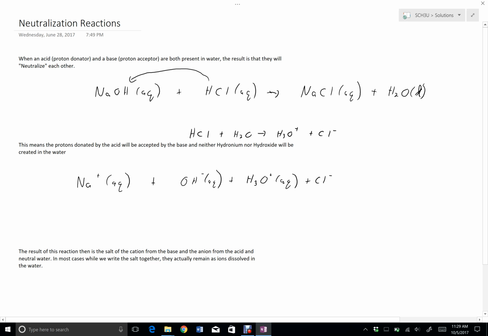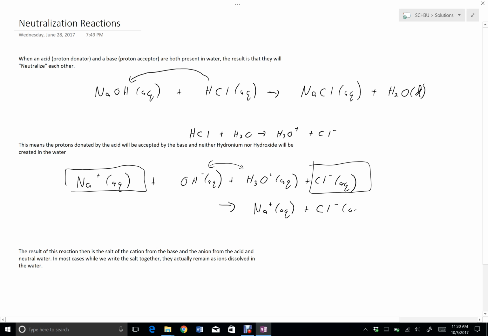Now, what happens here is that these two react in a meaningful way, and these two represent our spectator ions. So, sodium is left unchanged after the reaction, and chlorine is left unchanged after the reaction, and H3O+ and OH- react to form two water molecules, liquid.